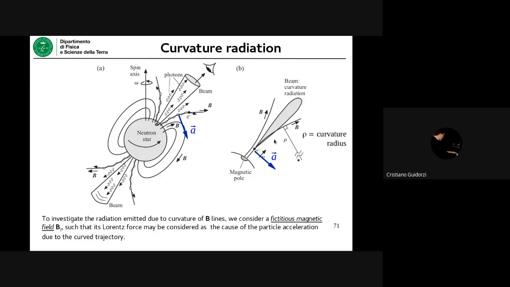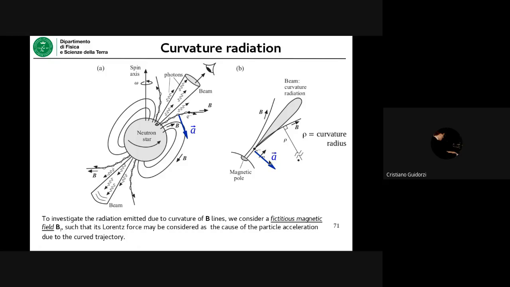So a magnetic field which you can easily imagine is perpendicular to the plane of the slide, and whose intensity is such that its corresponding Lorentz force gives exactly the acceleration that I want and that I already have. Why is this useful?